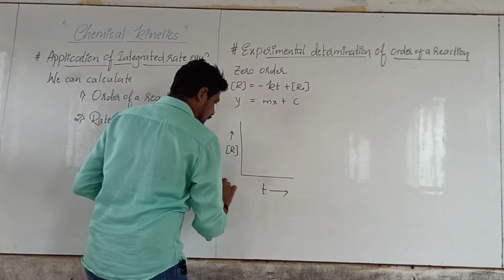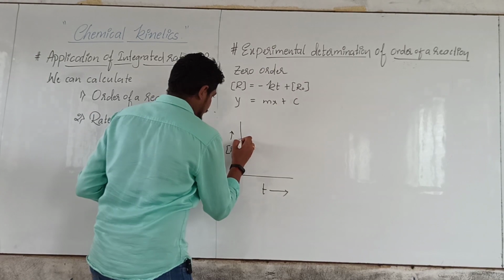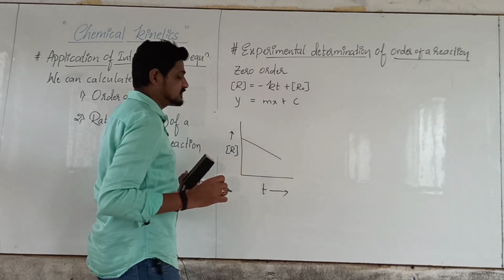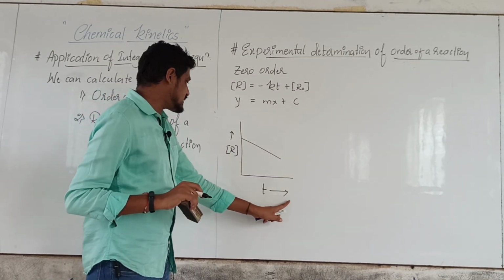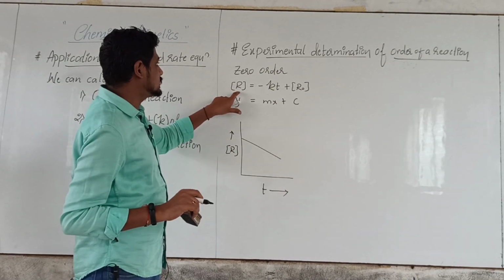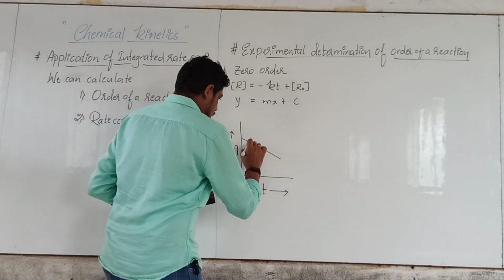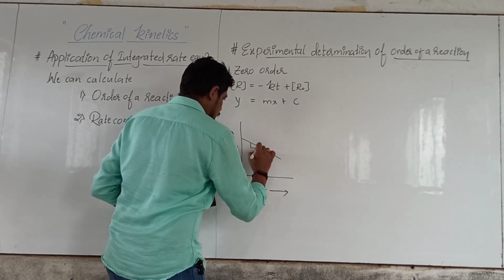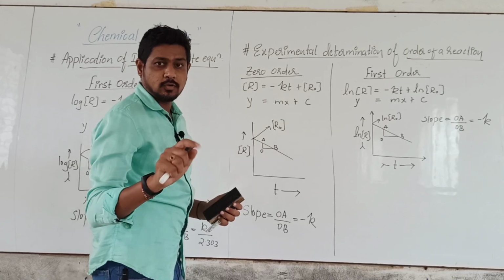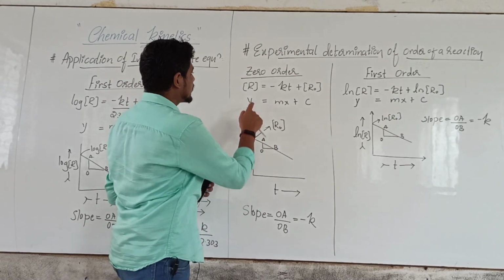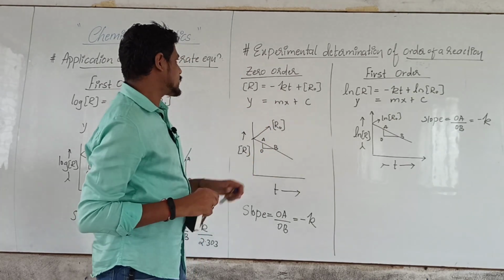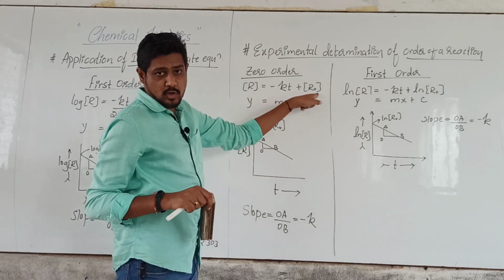If you are getting an equation like this, you will get a graph like this. Why? As the time is increasing, the concentration of R will be decreasing. So you will get a graph like this. So for zero order reaction, the rate equation is R is equal to minus kt plus R naught.